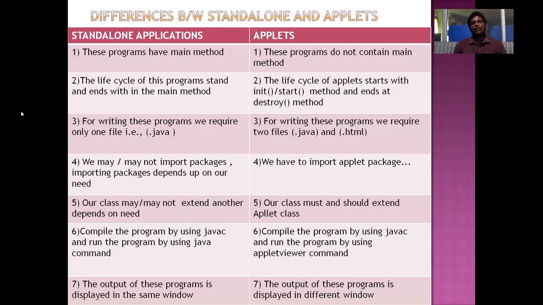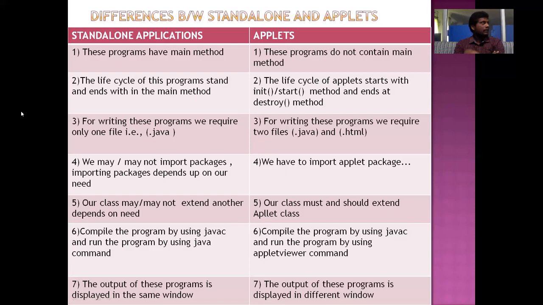For example, I have 4 classes in our program: class A, class B, class C, and class D. But my main method, that is public static void main(String args[]), is in class C. So I save the program as C.java, compile the program by using the javac command, working with the command prompt, and then I run the program by using the java command.